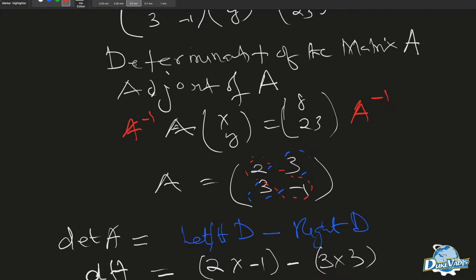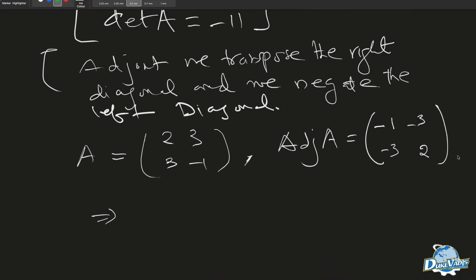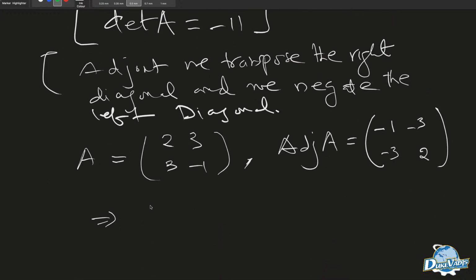When we say A times A inverse is equal to the identity matrix. So when we multiply that, you see that we're going to get our xy to be equal to 8, 3 multiplied by our A inverse.